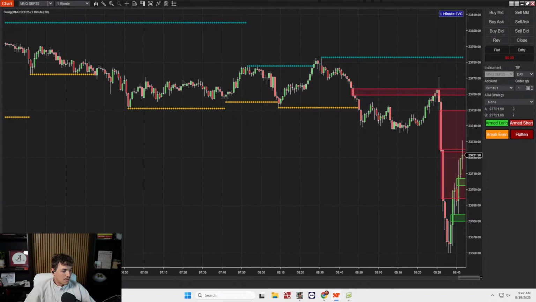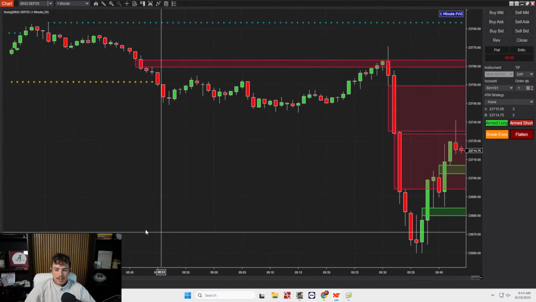Oh, ES really moved up there. Wow. NQ is quite a ways behind. Didn't think the last one on the spike down, there's nothing to take.